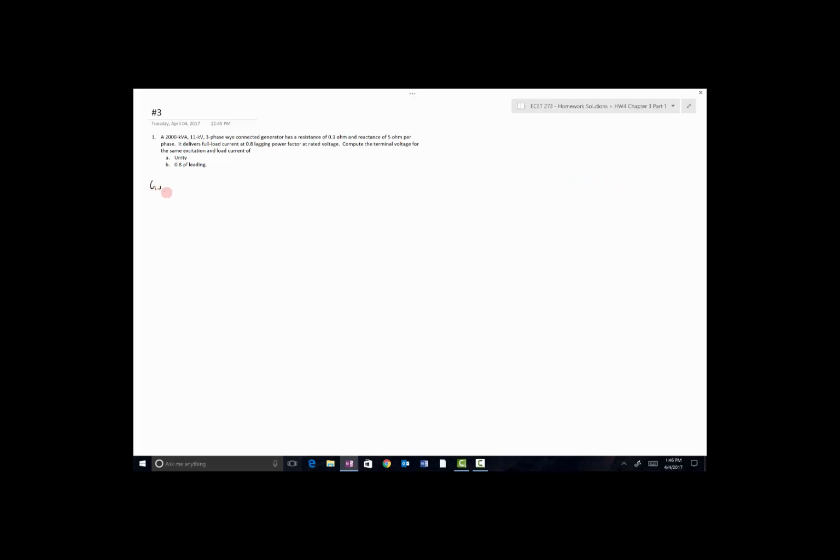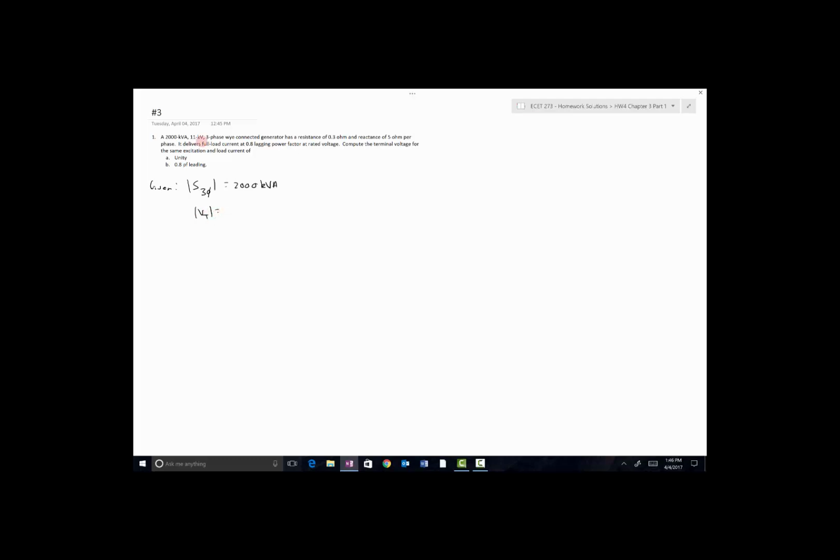Anyway, the givens here are that we've got a power. Remember, powers again are in three-phase. This is kVA, so we know that's an apparent power. So S three-phase, its magnitude is equal to 2000 kVA. You could have written that as 2 megavolt amps. We've got a voltage, 11 kV, so that's the terminal voltage.